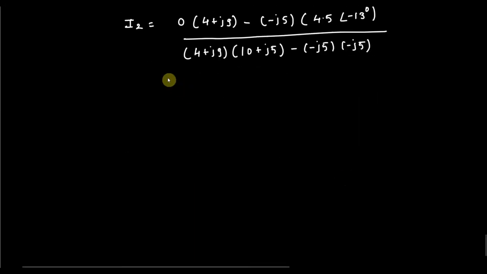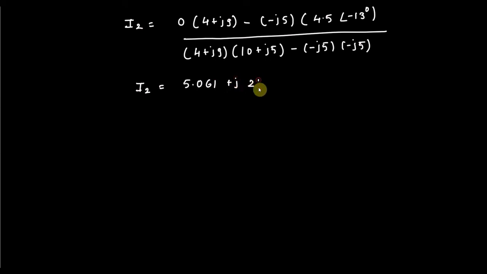So use the calculator and find out the answer. The numerator is coming out to be 5.061 plus J21.93. And now find out the denominator.